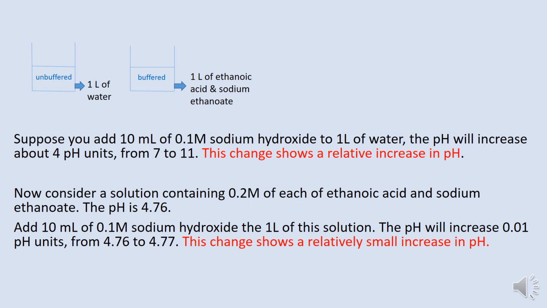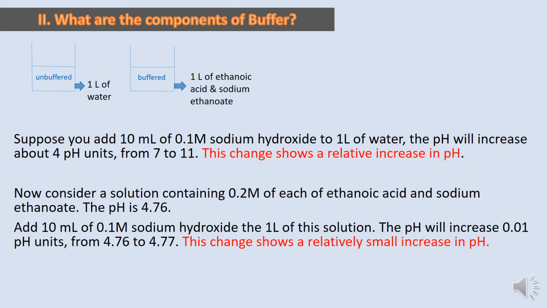Now, we want to start with the second objective, which is: what are the components of a buffer? Let's take two beakers. In the first beaker, we put 1 liter of water, so we can call it the unbuffered solution.